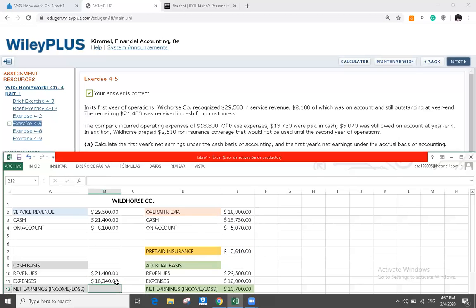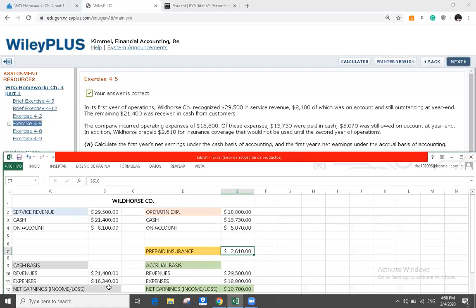So we have to add these two values right here, cash expenses and the prepaid insurance, even though we are not using that until the next year of operations. But on the other hand, here on expenses for the accrual basis, we don't use this one because we will not be using these until the second year of operations, and that's when you will record that.